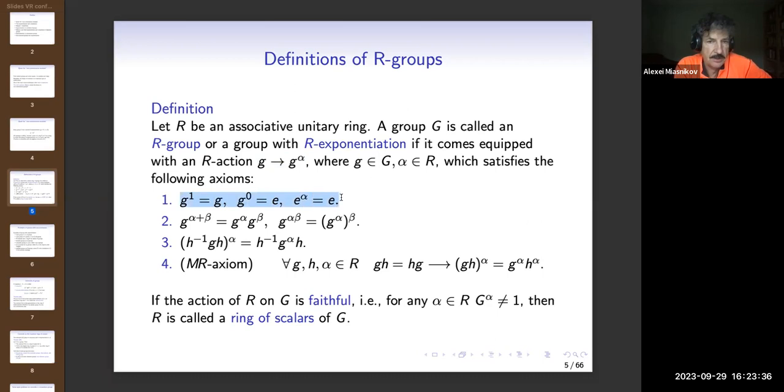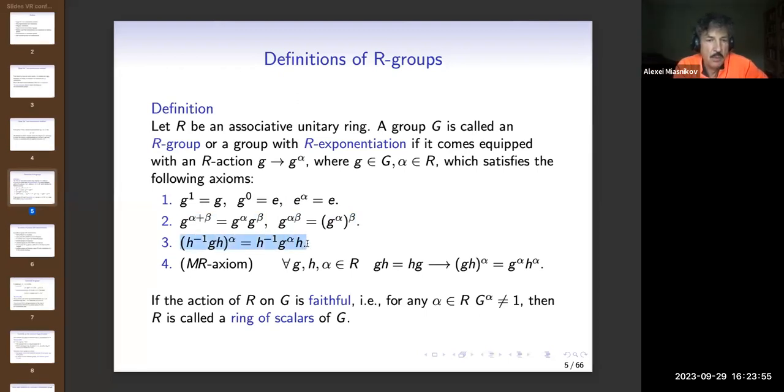The first type of axioms are what we expect. This axiom says that it's an action, and this is how we would like some of the scalars to act.